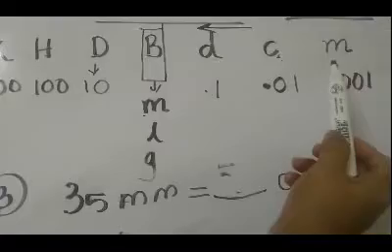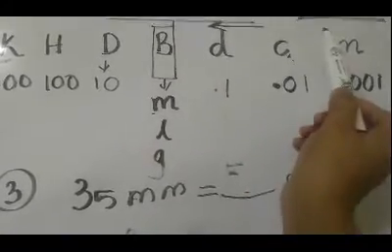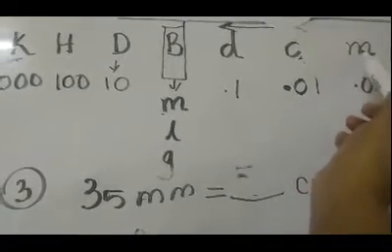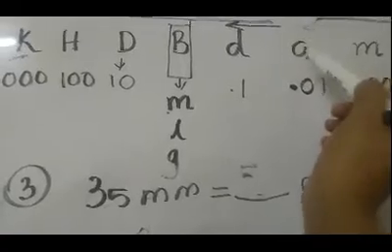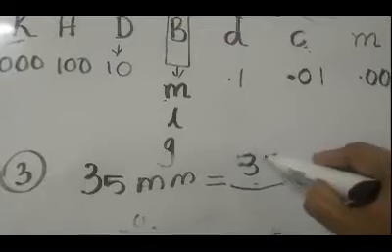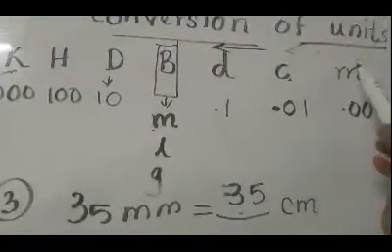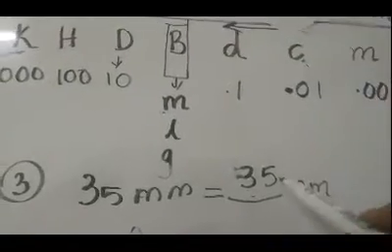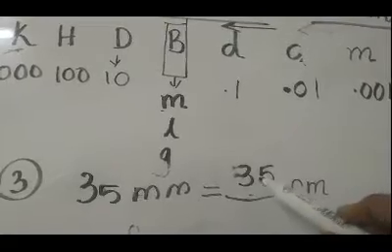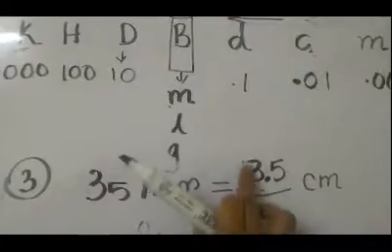This is millimeter, then into centimeter. How many steps are we going backward? Backward means we are using decimal places. This is millimeter and one step backward. So first I write the number 35. After that, one step means from 5 we move one step. So I put one decimal here. The answer is 3.5.